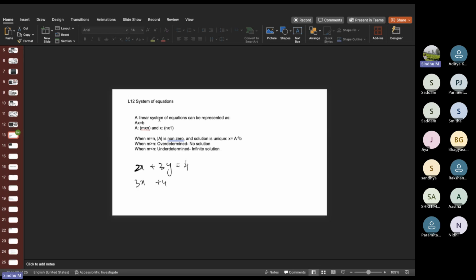Then this can be represented as, so these coefficients will be in the A matrix and the variables will be in the X matrix, and B will be these values. So this is A, this is X, and this is B. So any system of equations, we can represent as Ax equals B.